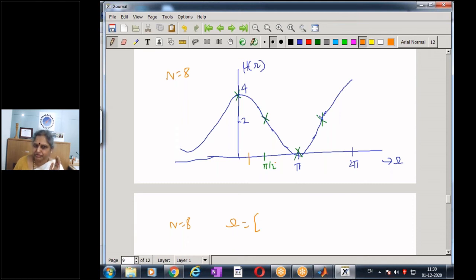So it's going to be pi by 4, pi by 2, 3 pi by 4, and so on.